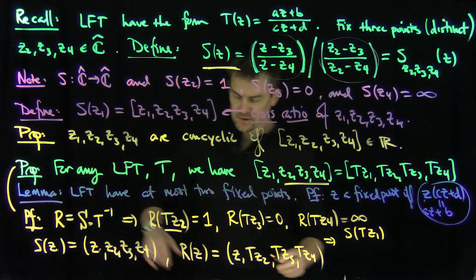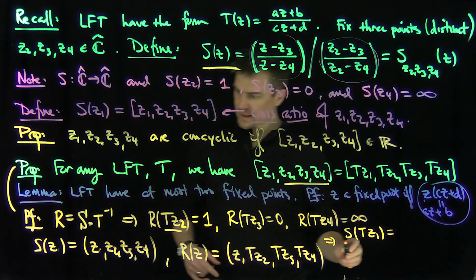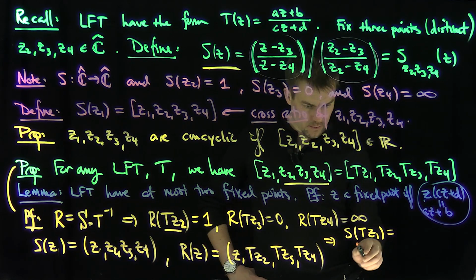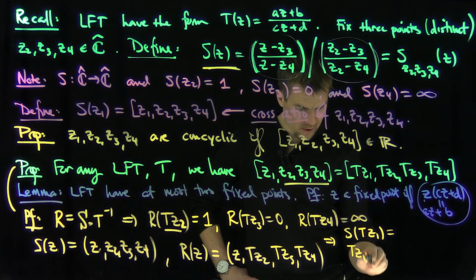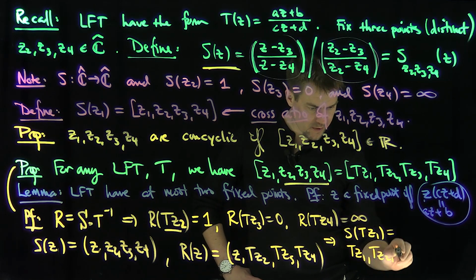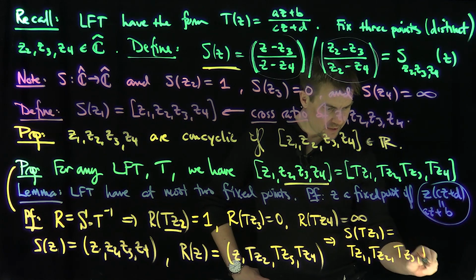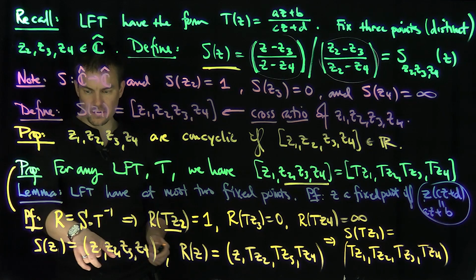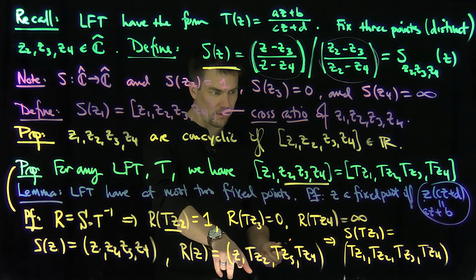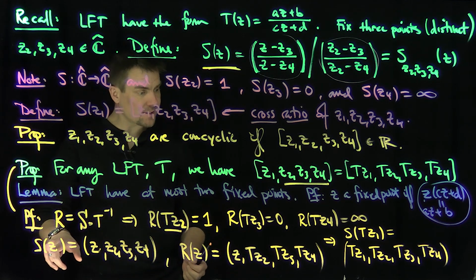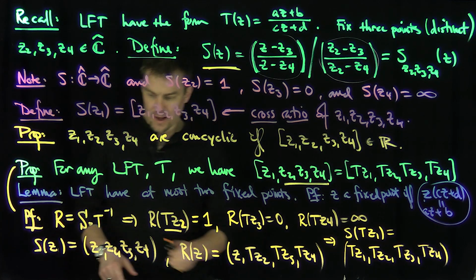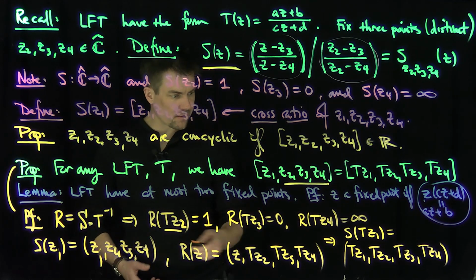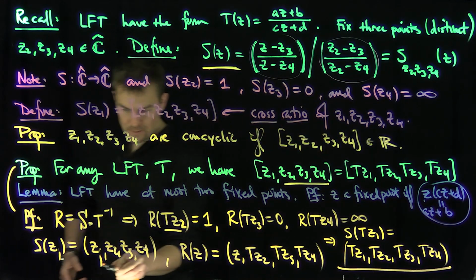So on one hand, S of T Z1 is going to be given by this formula over here. It's going to be T Z1, T Z2, T Z3, and T Z4. That's on one hand what it's going to be equal to, right? Just by plugging it into this formula for R. But it also has to be S of Z1, right? So in other words, if I put a 1 here, I should get exactly the same formula because the T and the T inverse are going to cancel out. So this formula over here has to be equal to this formula here.